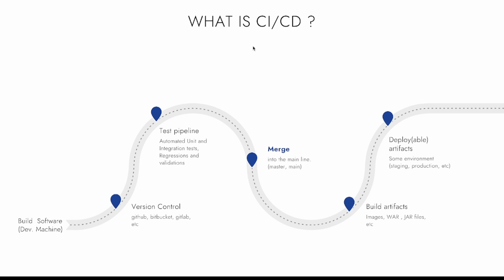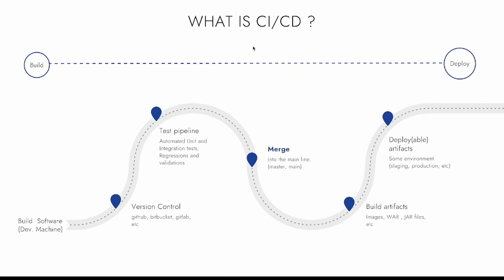So in general, the CI/CD process encompasses everything that happens from the point at which software is developed on a local machine all the way to the point at which software is deployed or a deployable artifact is produced. So in general, this is the automation of your software release process from the point of build all the way to the point at which it is deployed to some environment of sorts, either a staging or production environment, or to the point at which you have a deployable artifact that you can deploy, and this is what's known as continuous delivery.